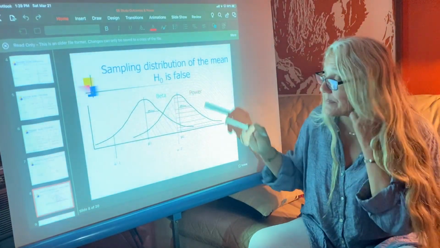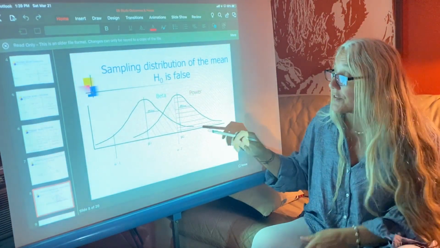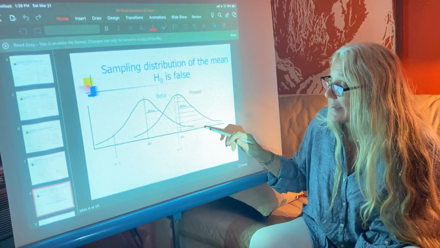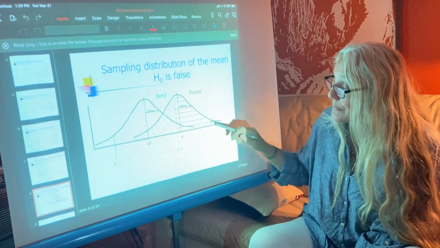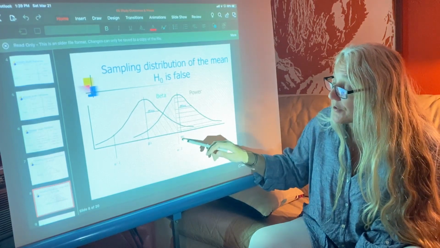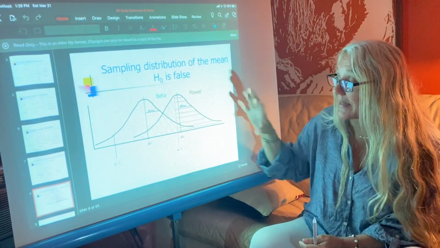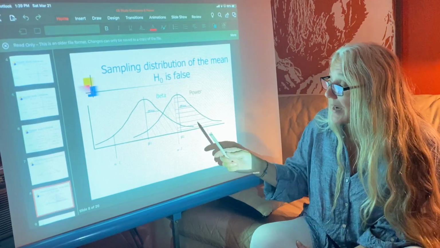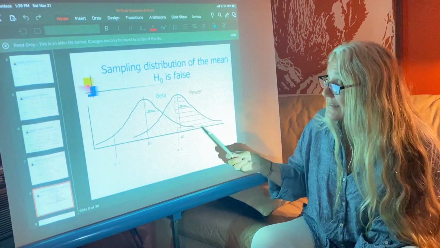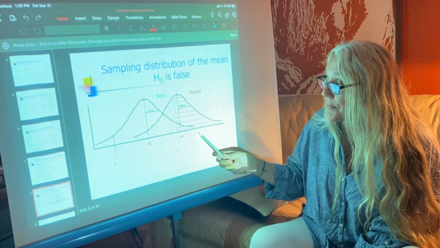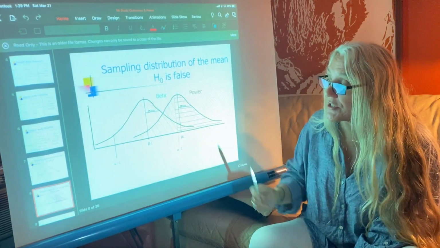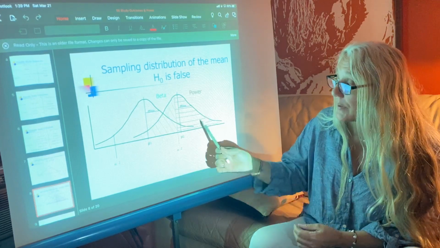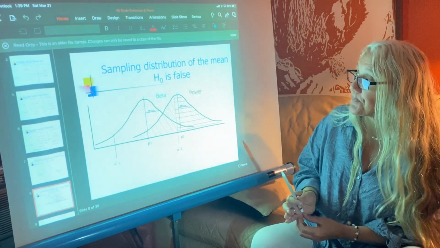I probably have a 60% chance of rejecting the null in this case, because maybe 60% or so of it is beyond that critical value. So when I randomly pull a mean, I'm more likely to get a mean from this side than from this side. So I'm more likely to reject the null than not, the way these are set up right here.